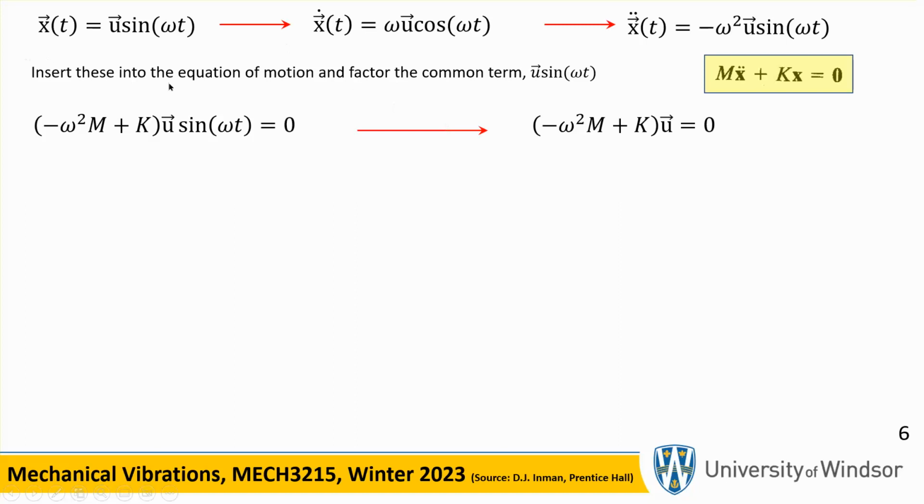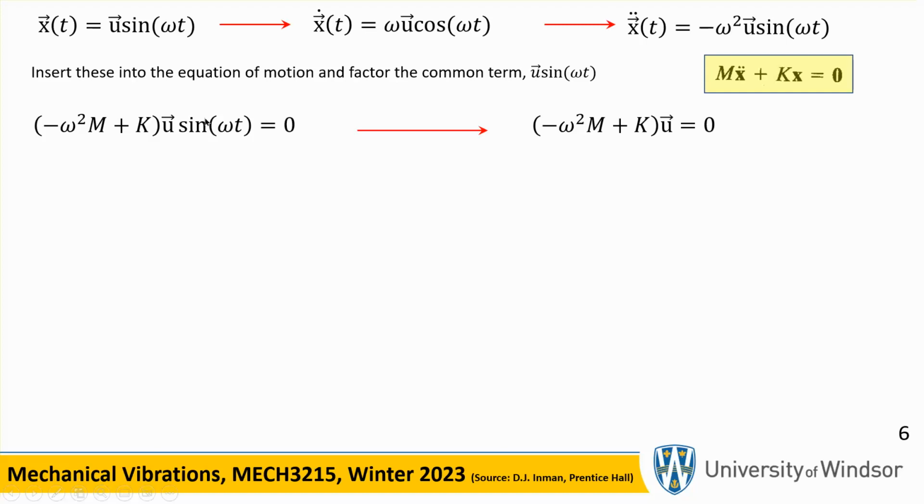So if you do that, notice that there's a sine of omega t, because there is no damping here. This doesn't come into the picture. These two come. The sine of omega t is a constant. U times sine of omega t is common between these two. Take it out. So you get minus m omega squared. See, if you take this thing and multiply it by m, you get minus omega squared times m plus k equal to 0.